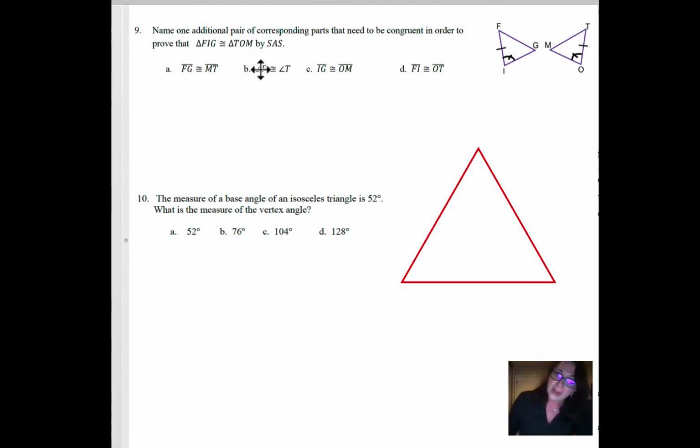For this triangle here, it says name one additional pair of corresponding parts that need to be congruent in order to prove that FIG is congruent to TOM by side angle side. Well, in order to prove that the two triangles are congruent by side angle side, you need to notice that the angle is in between the two sides that are congruent.